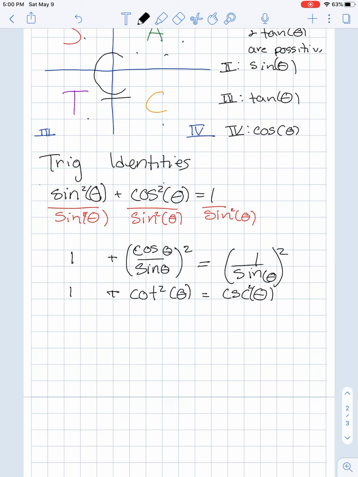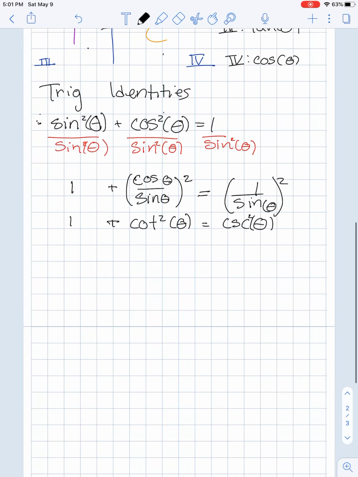These are really useful squared identities. I only ever learned this first one right here because I learned the quick hand to remember the other 2. So then if I take this original one up here, I'm going to star this because it's important.